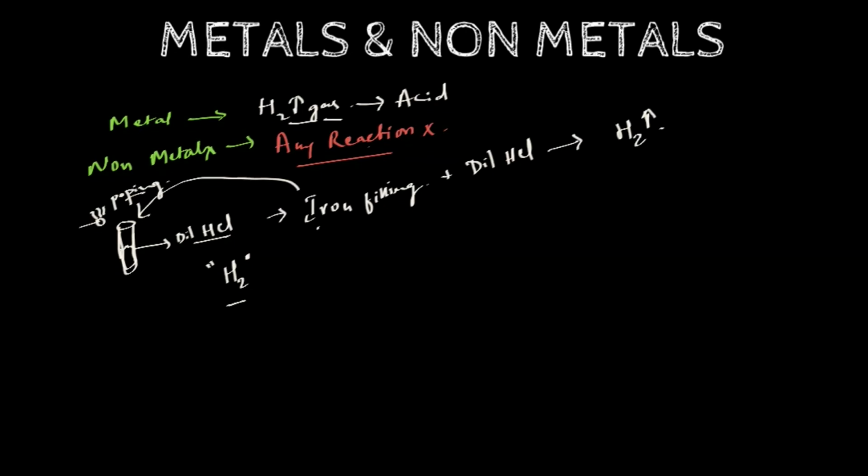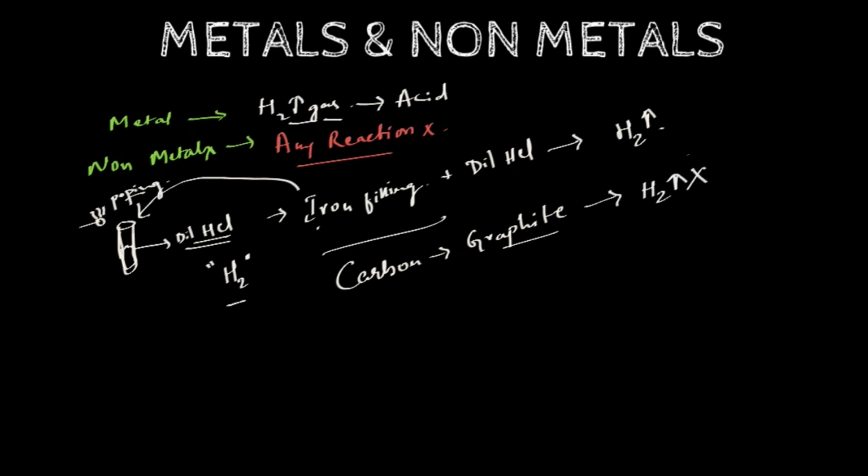Whereas if we repeat the same experiment using carbon or graphite, the graphite doesn't react with dilute HCl and also doesn't produce hydrogen gas. So hence we can conclude that hydrogen gas is not released when non-metals are treated with acids.